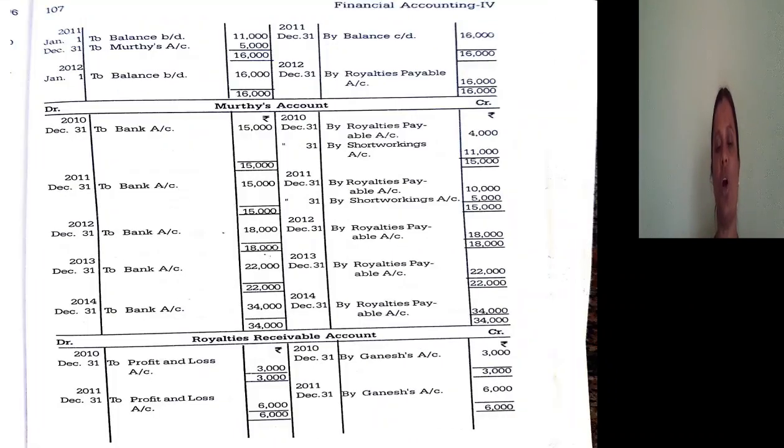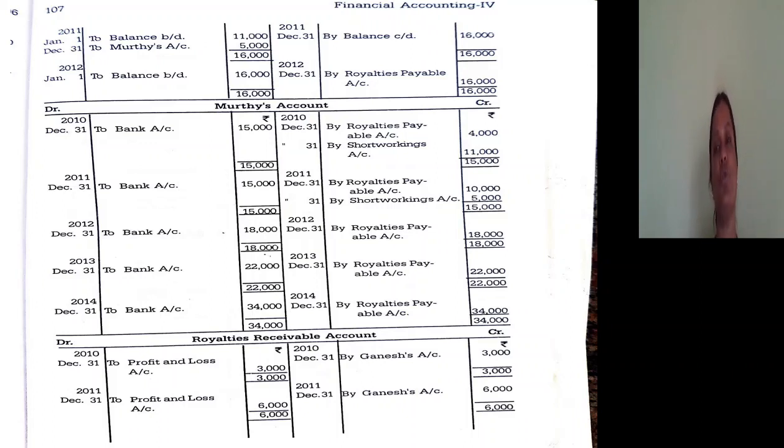In short working account, debtor to Murthy's account 5,000, that should be carried forward to next year by balance carried down 16,000 to balance brought down next year 16,000. As far as the amount payable to Murthy, it will be paid by the lessee: journal entry Murthy's account debtor to bank account 15,000. So this is all about the first 2 years.